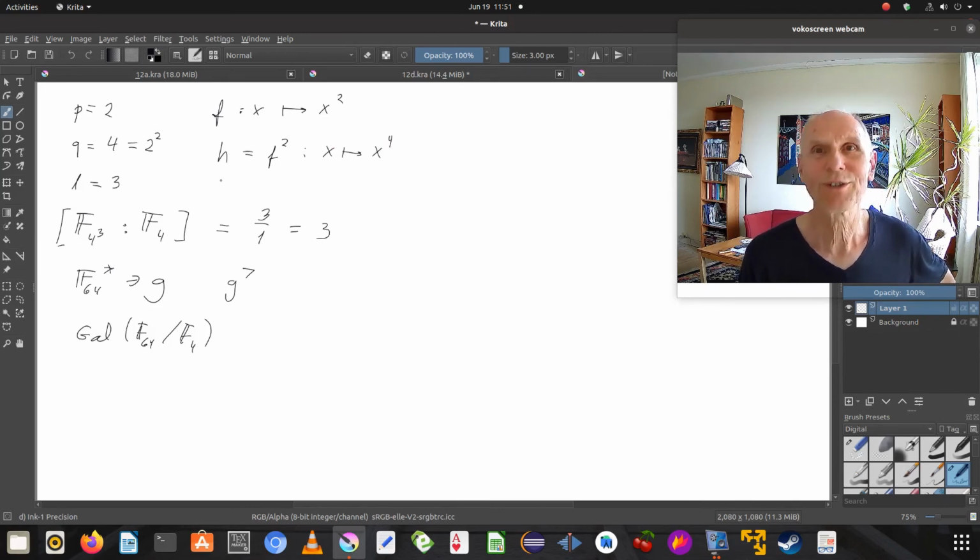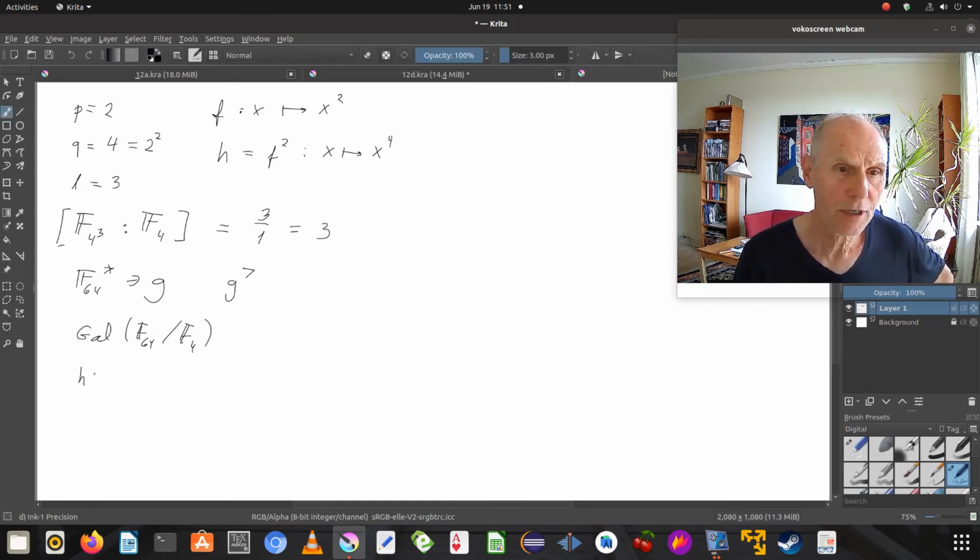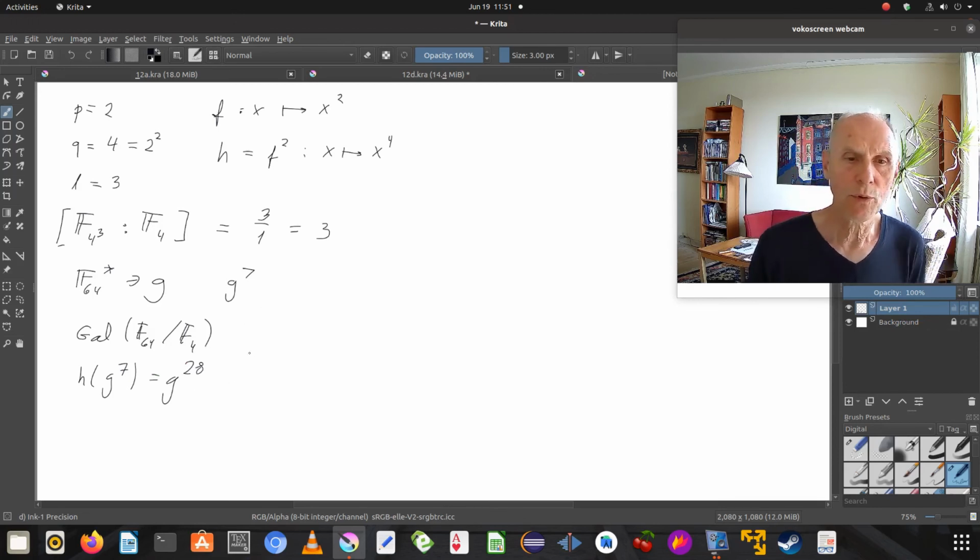Of course it's constant on F2, but H is constant on F4, but obviously not here. And just to see it happening, H of G to the 7th equals G to the 28th, which is another element of order 4.